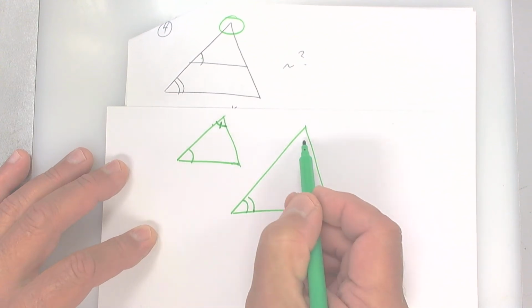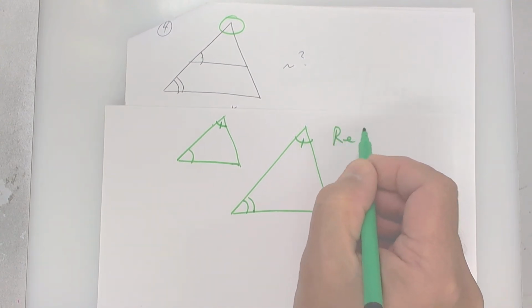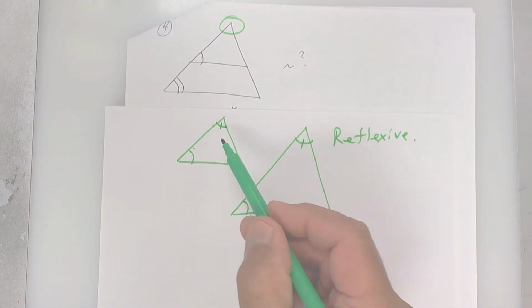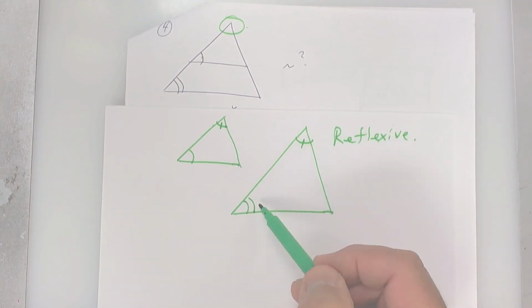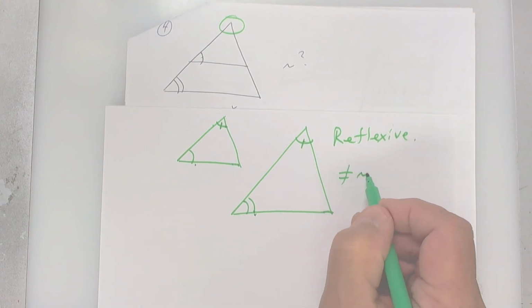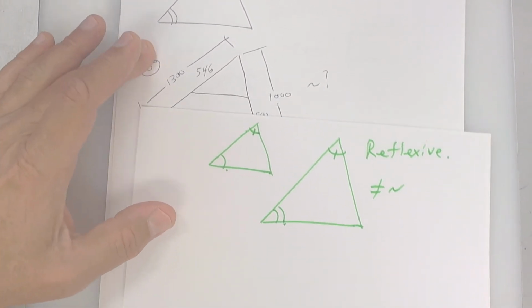So this angle is equal to that angle by reflexive. Write down that word, reflexive. Okay, anyway, so here you have 2 angles, but they're not the same. This one is not the same as that one, so you're going to say not similar. Okay? All right, look at the next one.